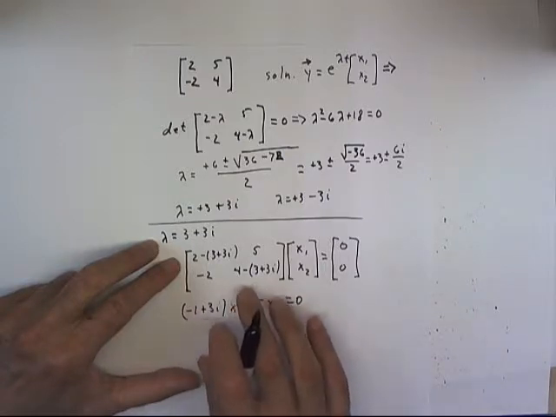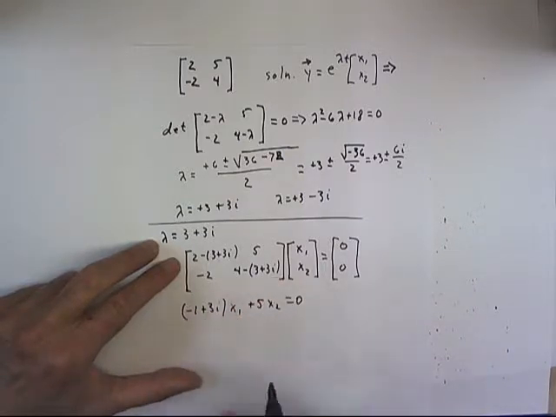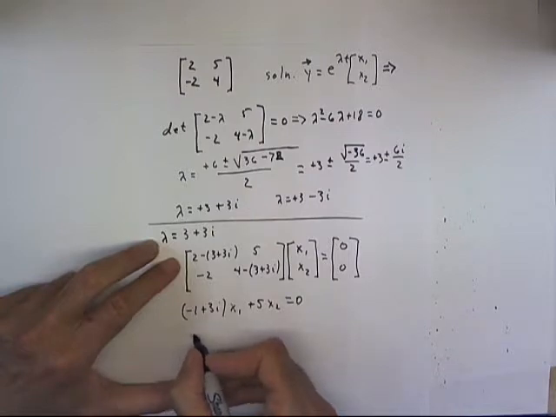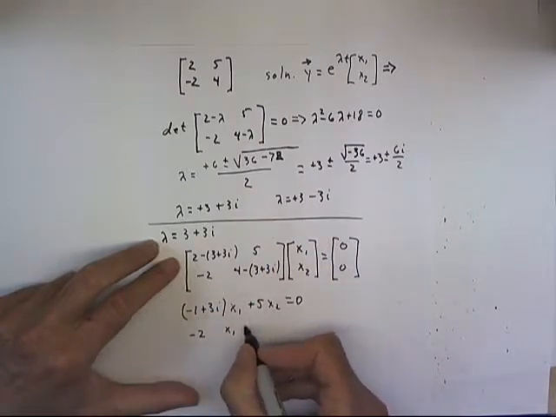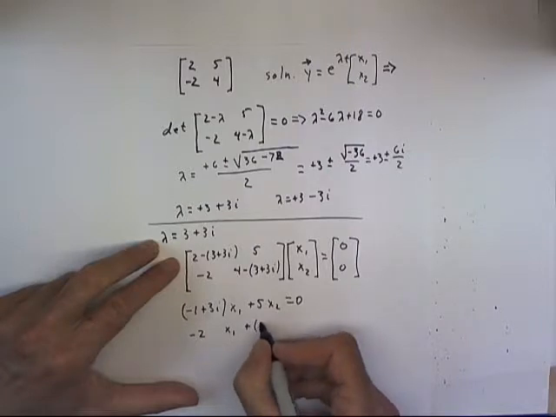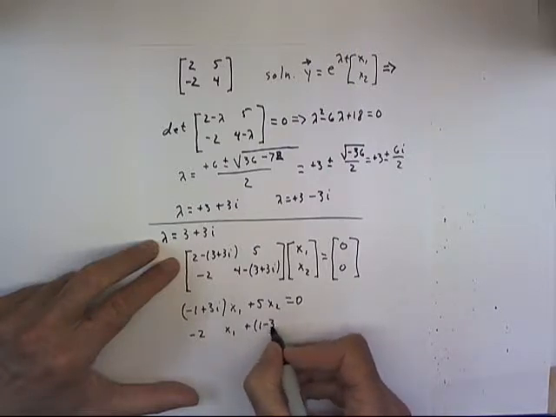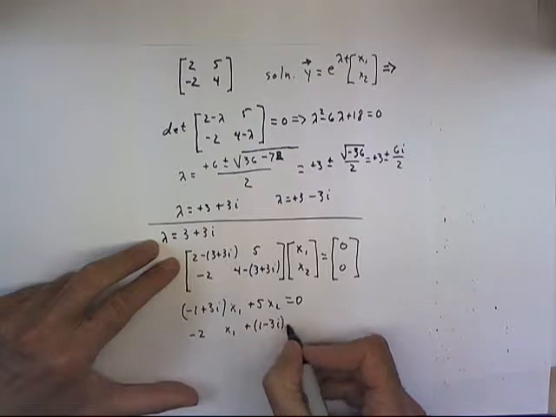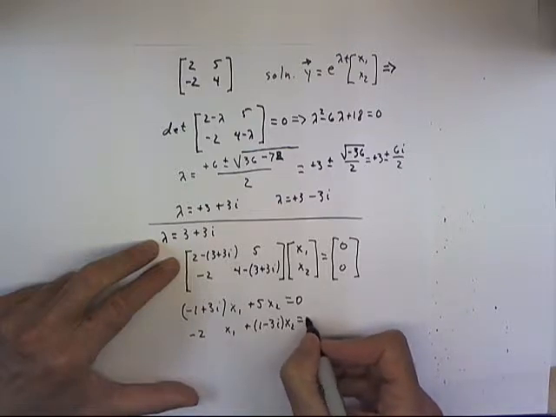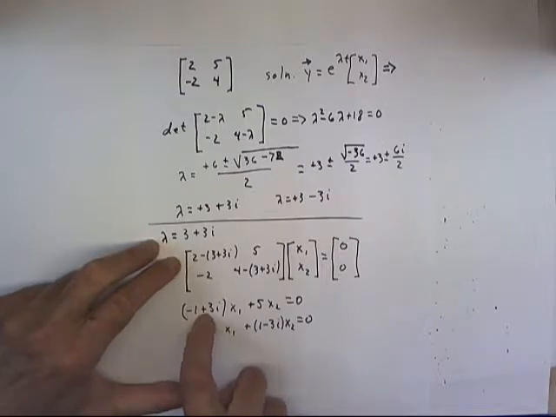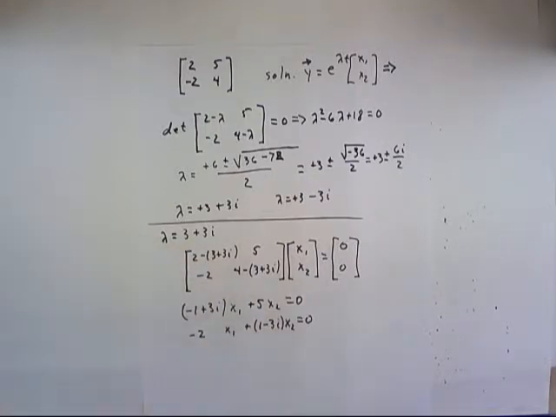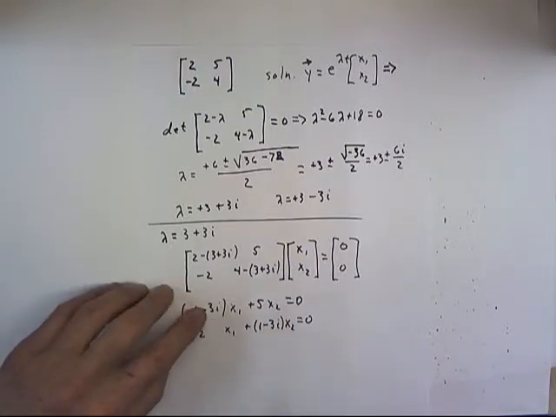And here we're going to get negative 2 times x1 plus the quantity 1 minus 3i times x2 equals 0. And again, I was careless. That 3i needs to be negative, just like this one is. Okay, we've made that correction.